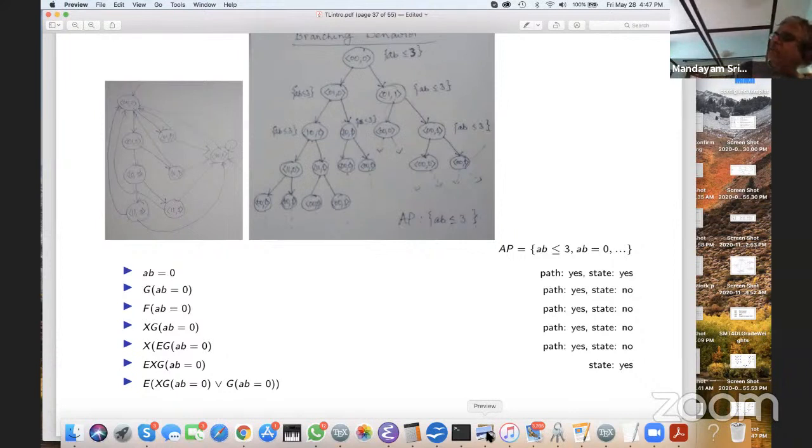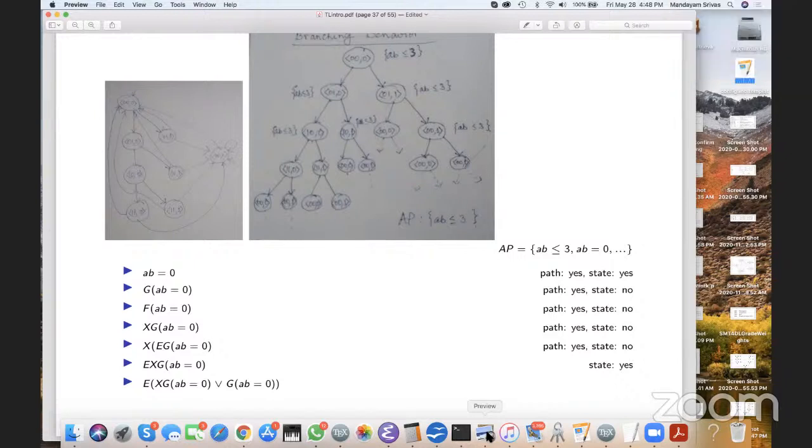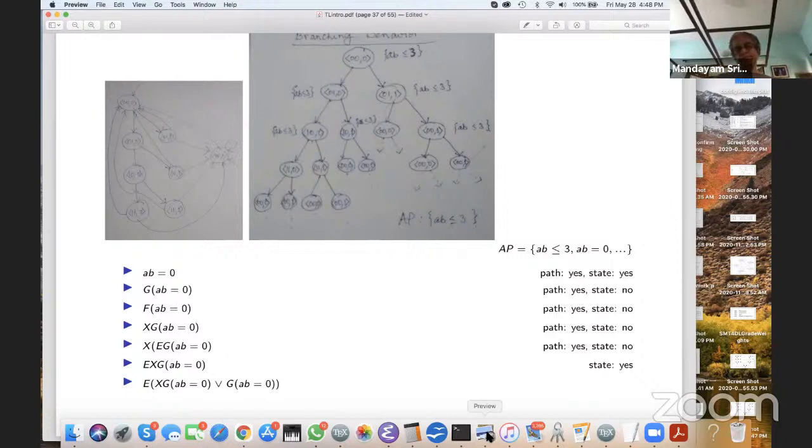I am interpreting it as if it is true of the first state. When you interpret a state formula as a path formula, it is true of any path in which that state formula is true of the first state. Yeah, that's how it is interpreted.